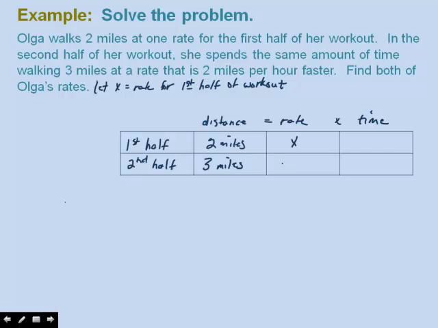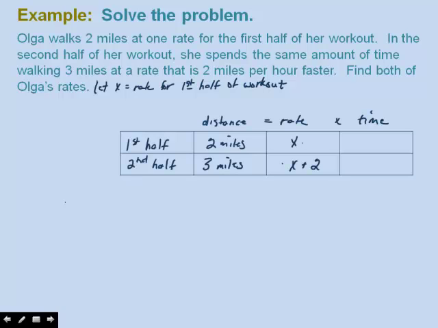This rate for the second half is 2 miles per hour more than the rate for the first half. So we can actually put an expression in here for this rate. This would be x plus 2. This makes it 2 miles an hour more than the rate for the first half of the workout. And again, we don't have a time given us for how long she took in the second half of the workout. So this is all we can fill in for now.